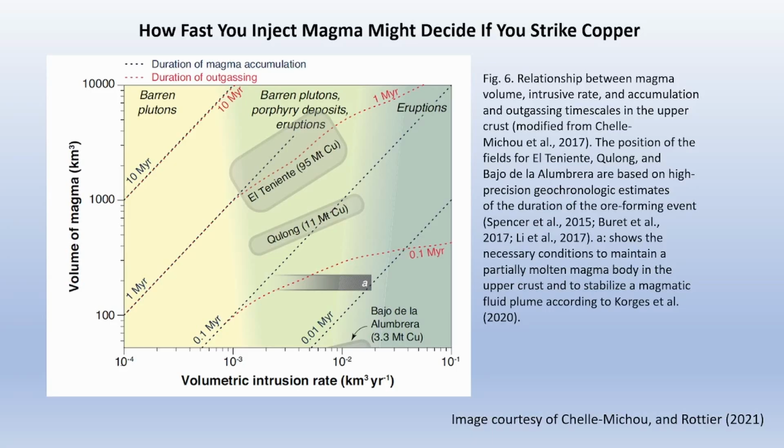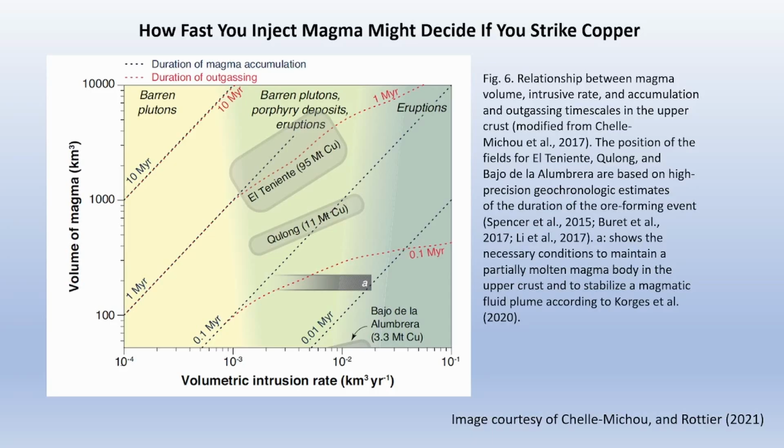Now check out the shaded zone labeled A. This marks the minimum thermal and volume conditions needed to keep magma partially molten long enough for sulfur-rich, copper-laden fluids to accumulate and migrate. Below this zone we have magma pulses which freeze too quickly.